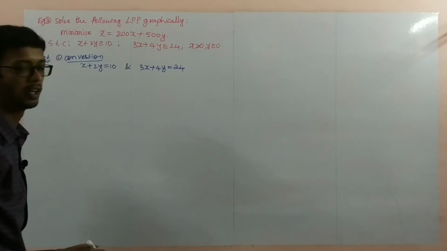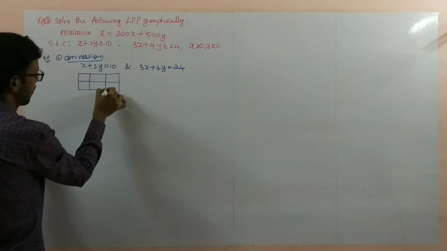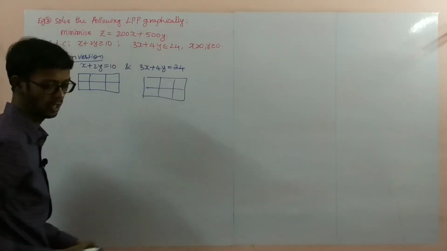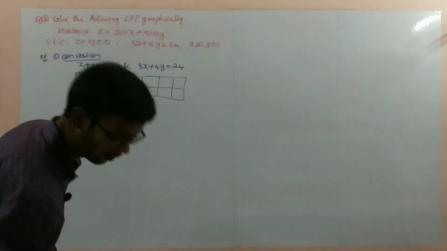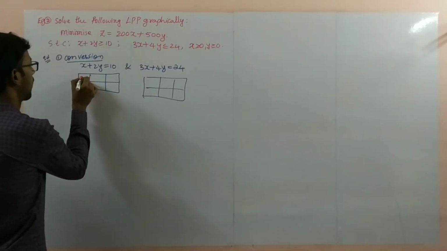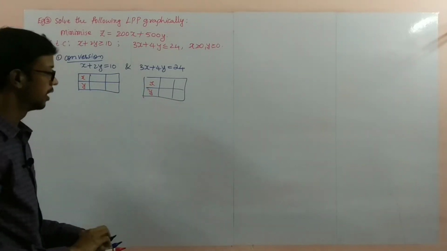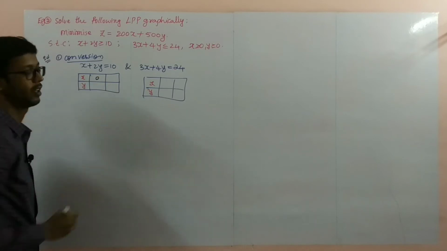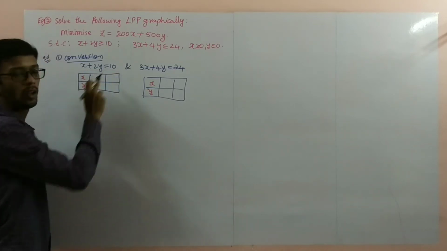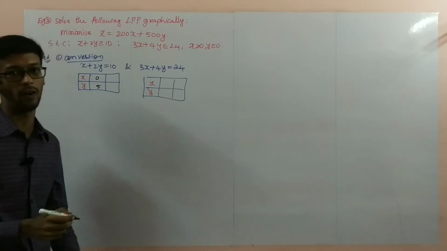x plus 2y equals 10 and 3x plus 4y equals 24. So draw the box here, and here also draw the box. We can make it immediately. So what are the points here? x, y. Substitute x equals 0 in this equation: 2y equals 10, which means y value is 5.